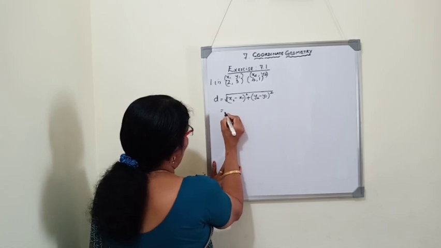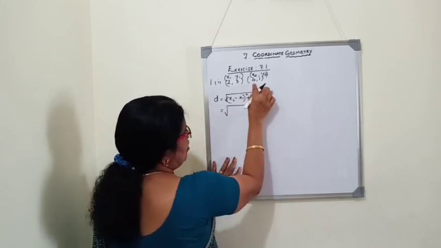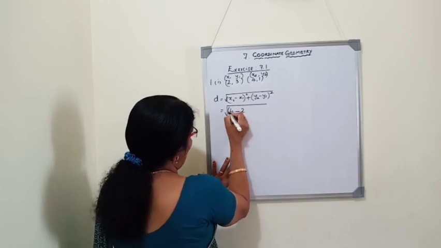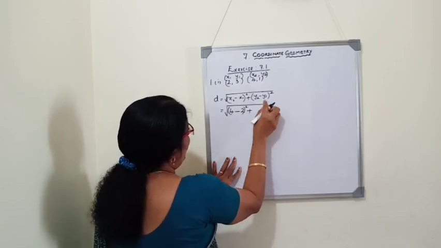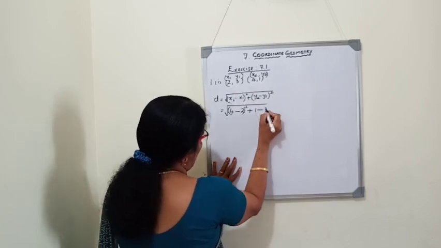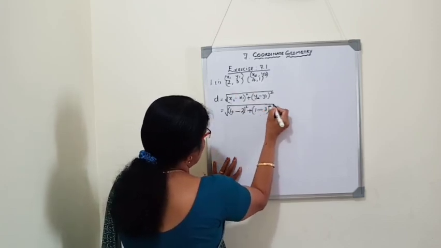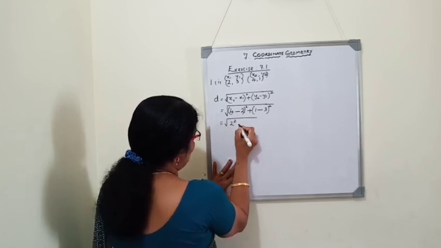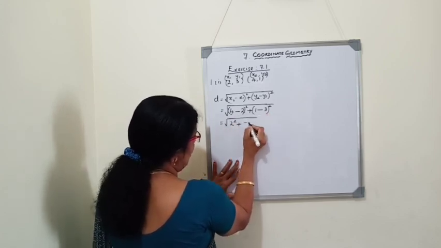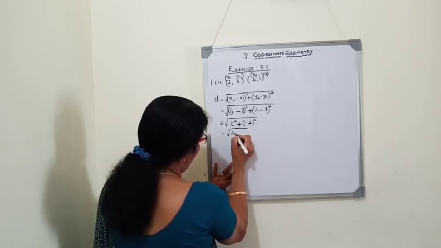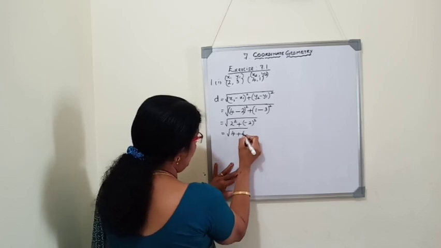So here, square root of x2, 4 minus x1, 2 the whole square plus y2, it is 1 minus y1, 3 the whole square equals square root of 4 minus 2, 2 square plus 1 minus 3 is minus 2 the whole square. 2 square is 4, minus 2 square is also 4.